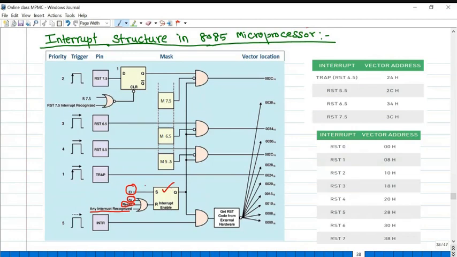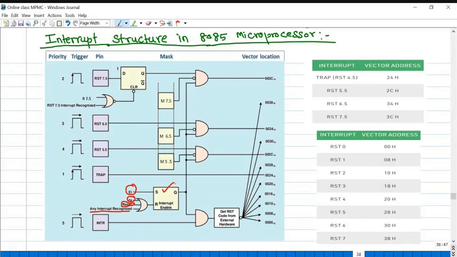So enable interrupt enables all the interrupts; disable interrupt or reset disables all the interrupts except TRAP. Once the microprocessor starts servicing a particular interrupt, in the meantime the interrupt enable flip flop will be disabled until the present service is over.